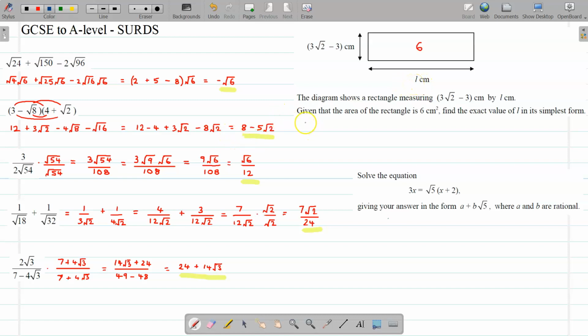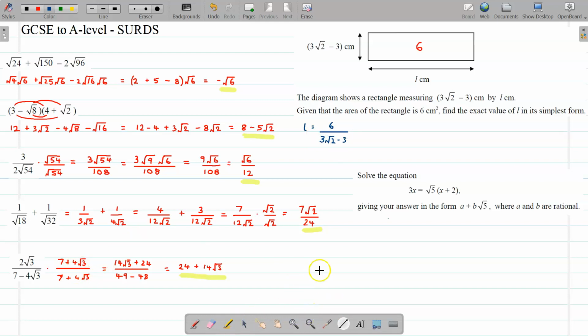I'm going to say that the length is equal to the area divided by the width, which is 3 root 2 minus 3. Then I'm going to do exactly what I did in the previous question.